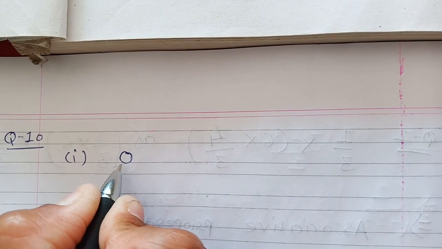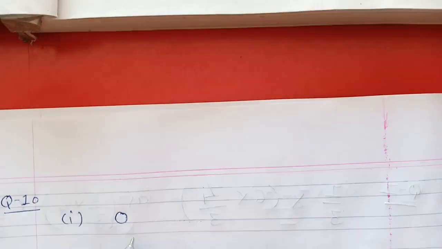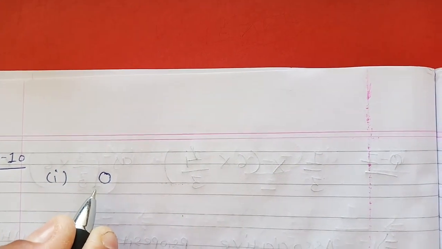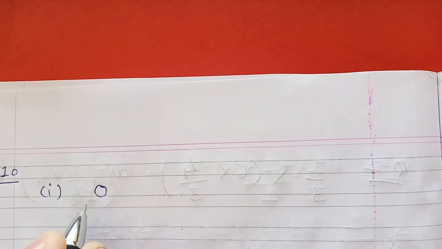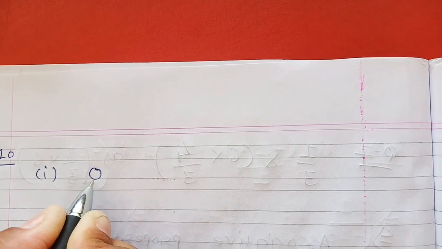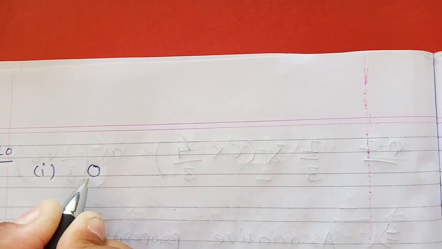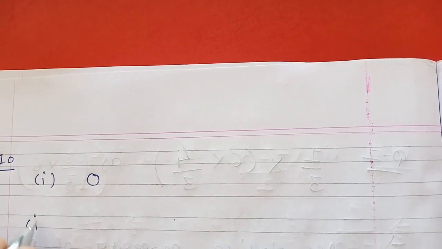That number's reciprocal is not possible, because we know that 1 upon 0 is not possible. That's why we can say 0 has no reciprocal.